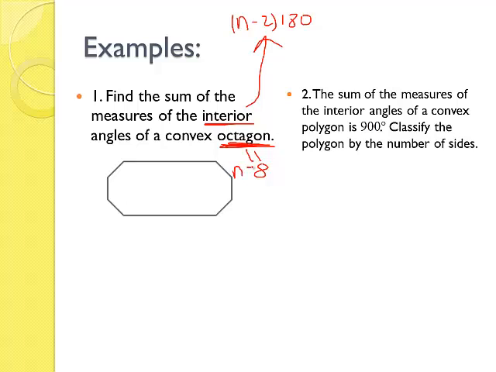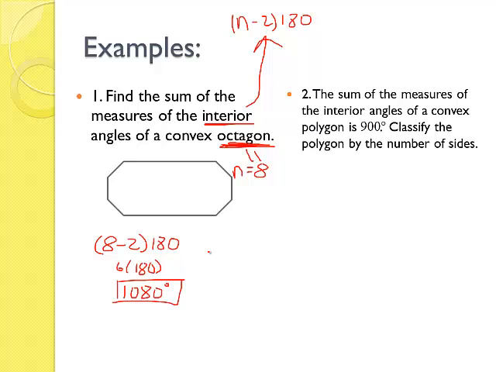So your n, your number of sides, is going to be 8. So all you do is plug 8 into your formula. 8 minus 2 times 180. Simplified, you get 6 times 180. And you should get 1080 degrees. That is the sum of the interior angles.